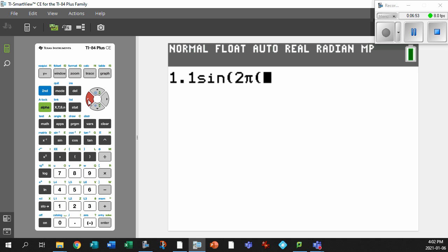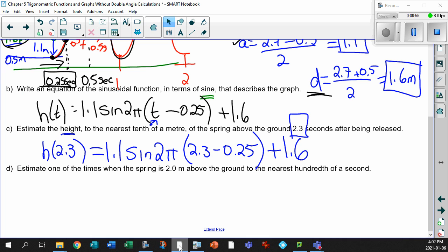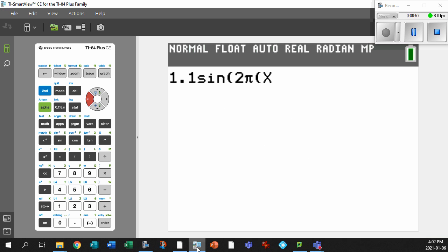At what time was it? My time here was at 2.3 seconds. So let's put in 2.3, not x. Minus the 0.25, which was the shift. There's that bracket. Don't forget your other bracket here, because you got a bracket here, but you also have a bracket here that you have to finish it off. Plus the 1.6.